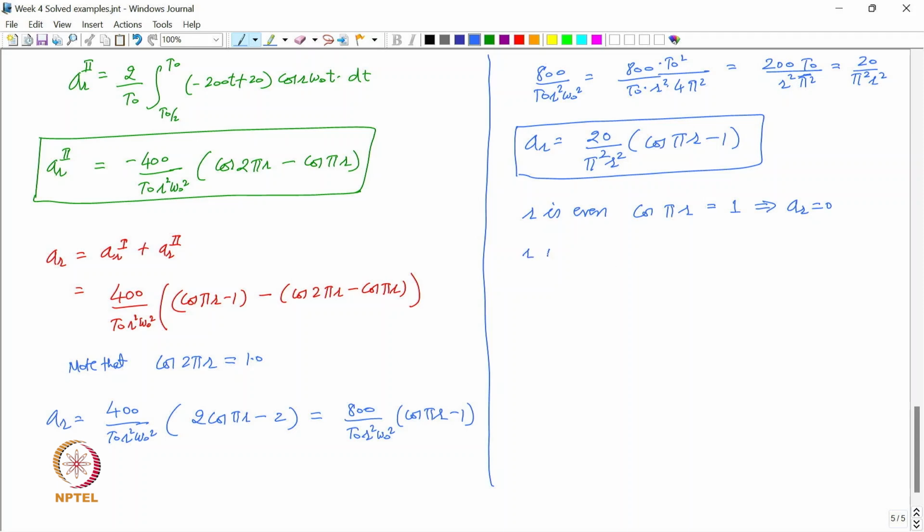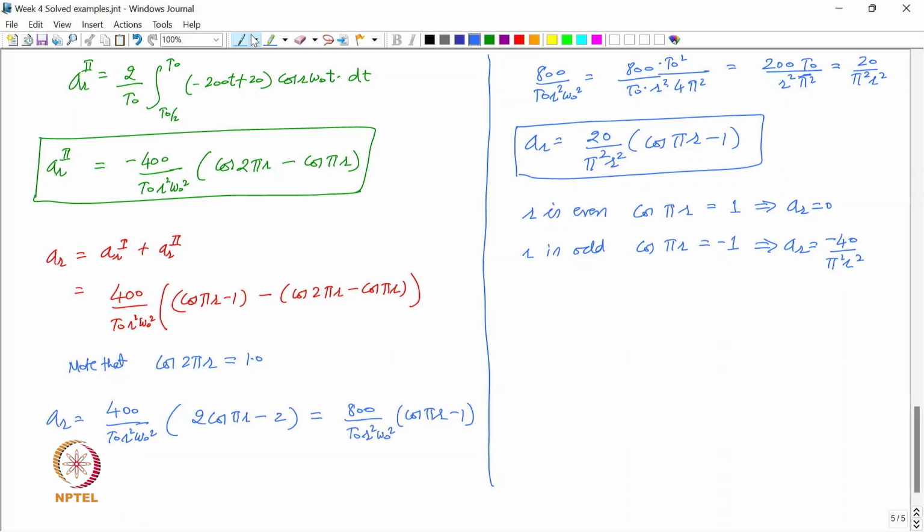And if R is odd, then we have cos pi r as minus 1, and that makes AR as minus 40 upon pi square r square.